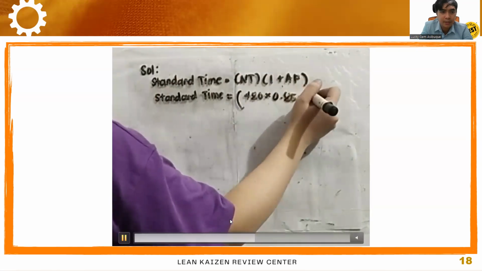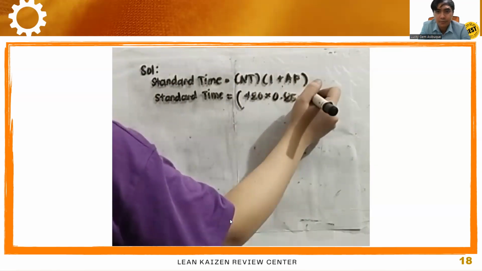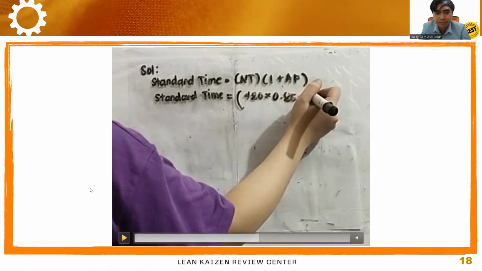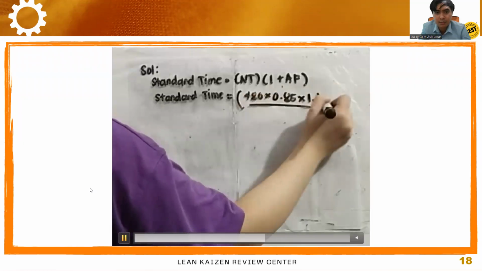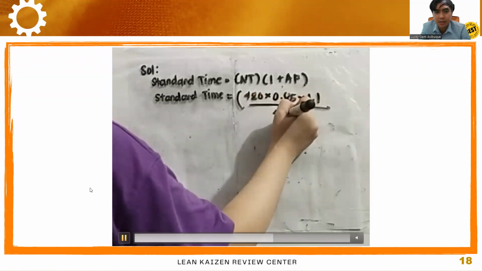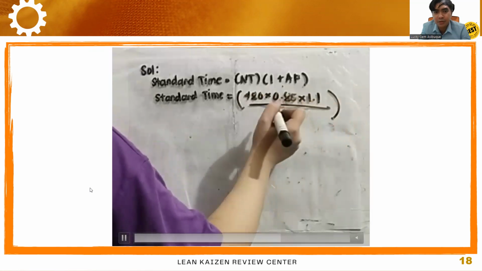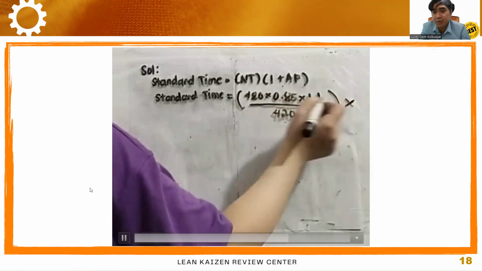So where do we get 480? So the 480 here is the total time expended or spent by the operator in working. And 0.85 here is what? It is the proportion of time that the operator is working. Next, multiply it by what? The performance rating, which is 1.1 because it is 110%.